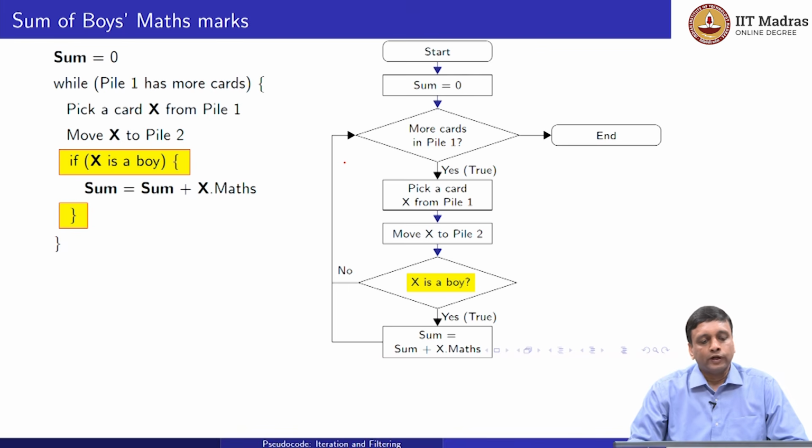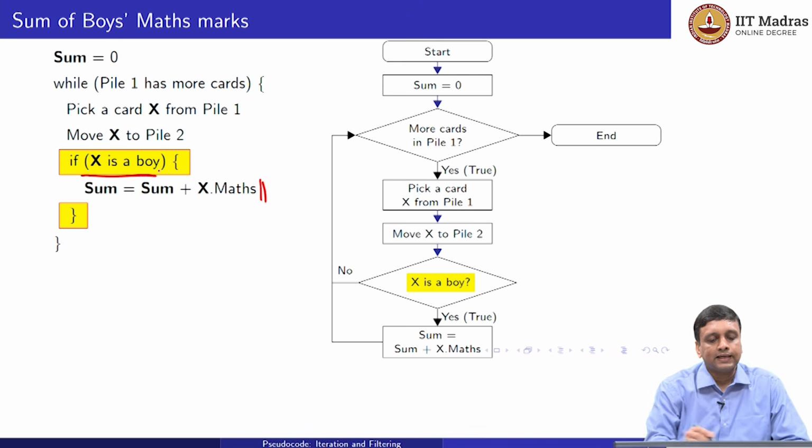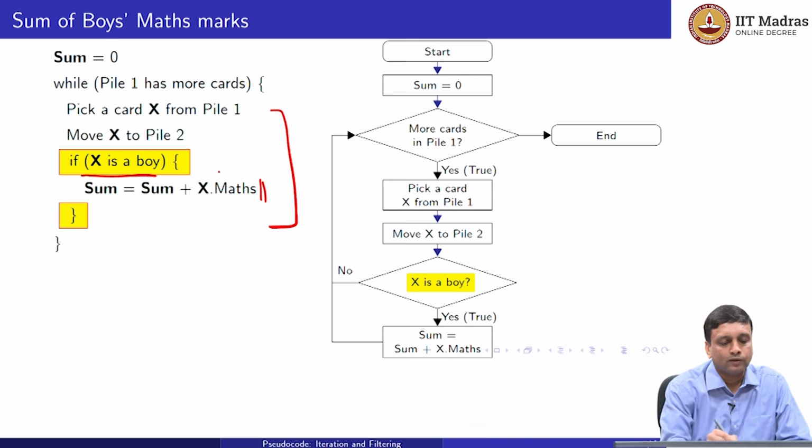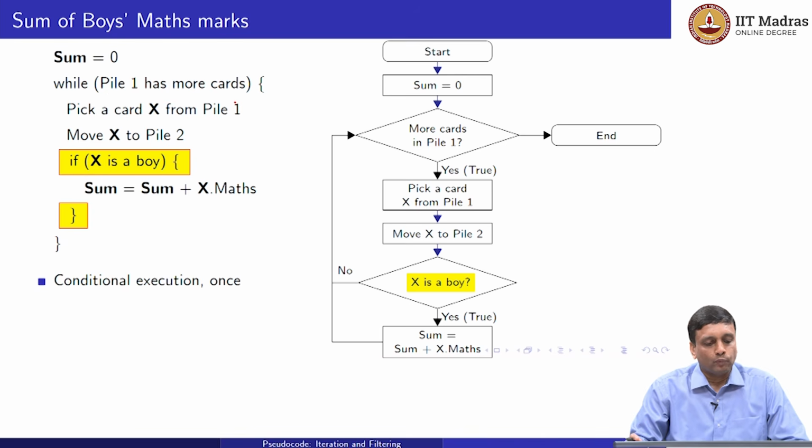So if x is not a boy, then we will skip this. So this part is done only if the condition is true. Right? So just like these steps are done only if the pile has more cards, while says do this entire block once until you come back and test the condition again. If says do the block once but don't come back. So if is a one stop, so it's a conditional execution which is done once.